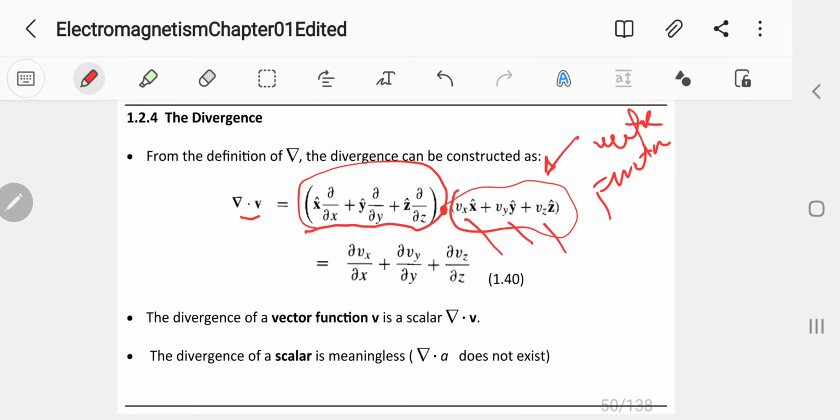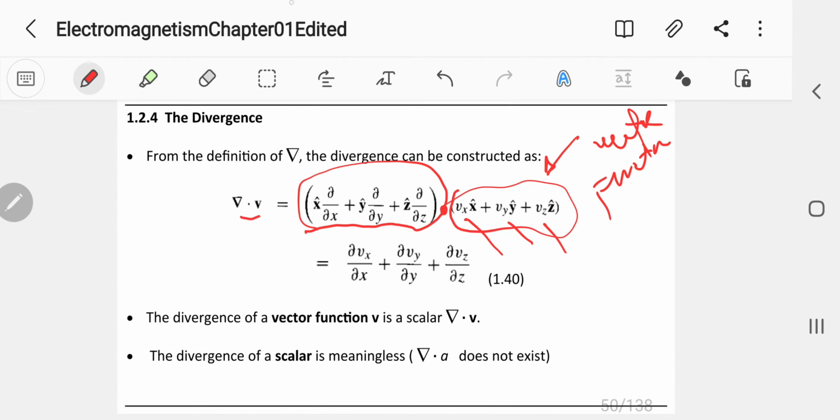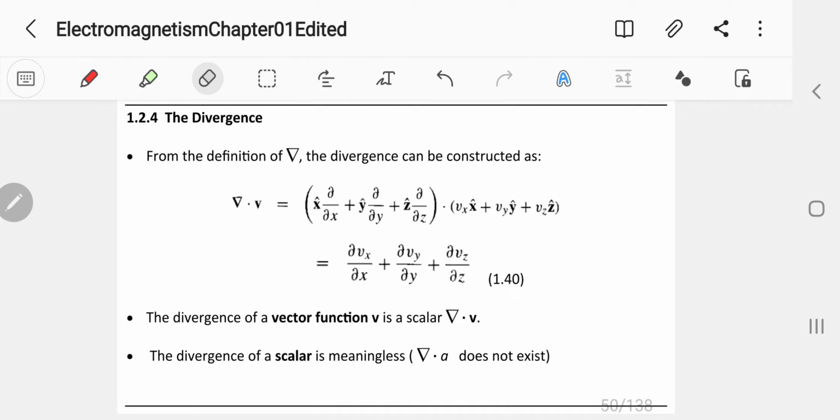A vector function has directions. So this is now the divergence of V.